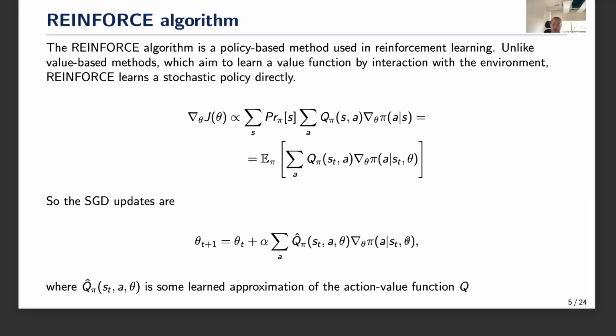This nabla operator is computed analytically through backpropagation, and alpha is our learning rate. In this REINFORCE algorithm, we typically use Monte Carlo estimates of returns to approximate our Q function without using any critic. That makes the method simple, but also high variance. We will address that in the next slides.